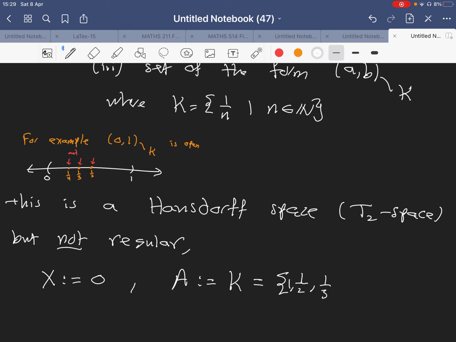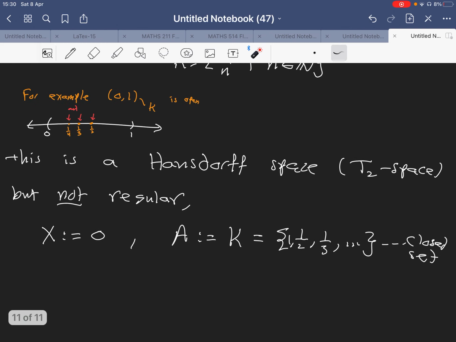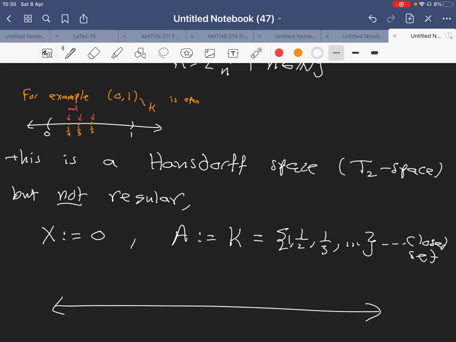K is 1, 1 half, 1 over 3 and so on, which is a closed set. Why is it a closed set? Because remember, the complement is open. The complement of this one, the intervals without K, is open. Of course, now why can we not separate them? If this is the 0, this set is everywhere.